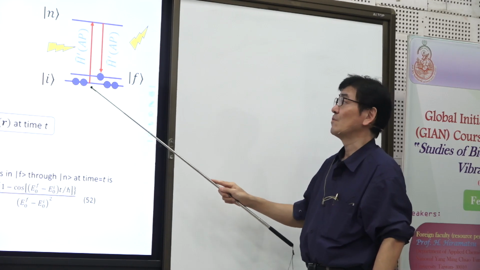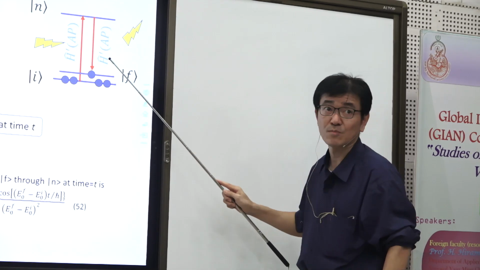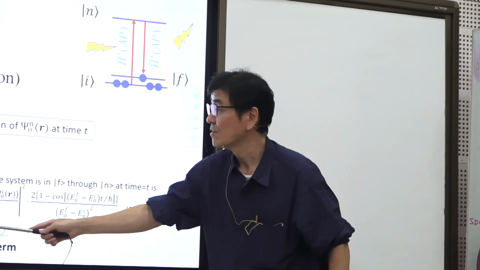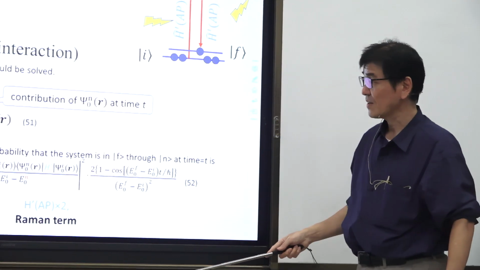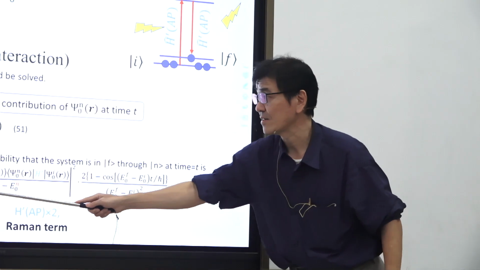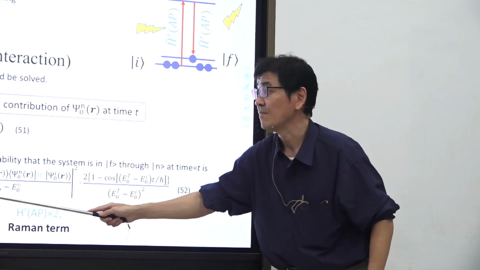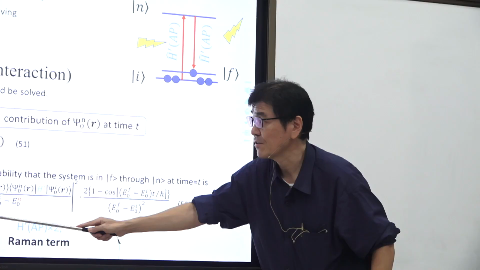The probability of the occurrence of this process is calculated by considering B_F(t). This parameter indicates the probability that the molecule exists in the state F at time t.